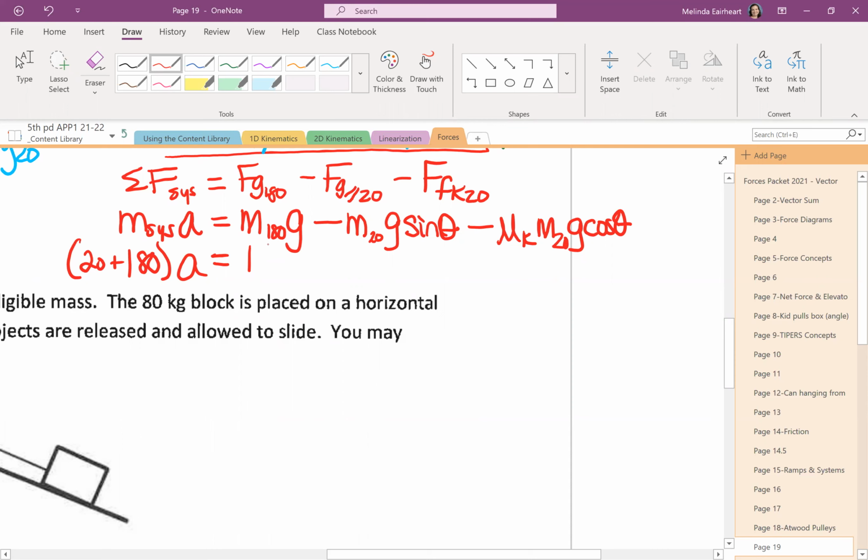minus the mass of the 20, which is 20 times 10 times sine, and our angle was 75. Minus the kinetic coefficient. I can't scroll, but I think it was 0.2, yes? Okay, so 0.2 times 20 times gravity 10 times cosine 75.